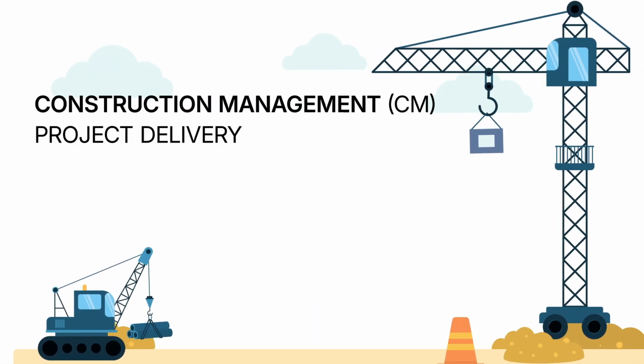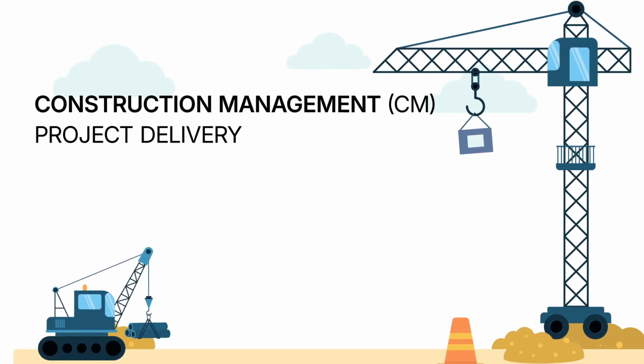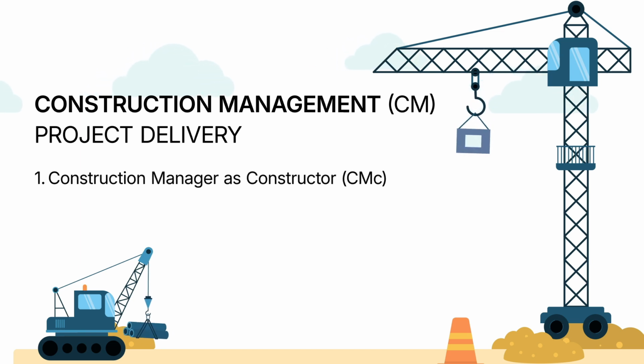Another type of contract is construction management. In this method, the owner brings in the construction manager to help oversee the process. There are two types in this example. The construction manager as contractor, which is when the construction manager acts as the contractor and guarantees the project cost.